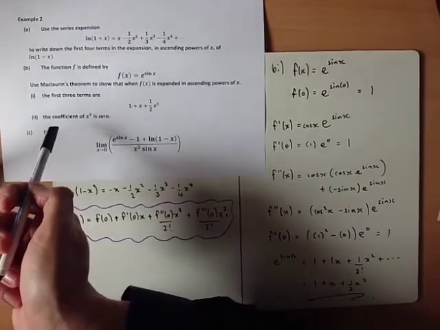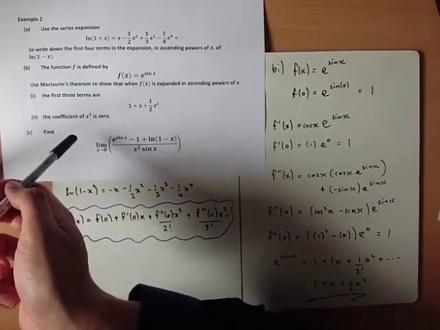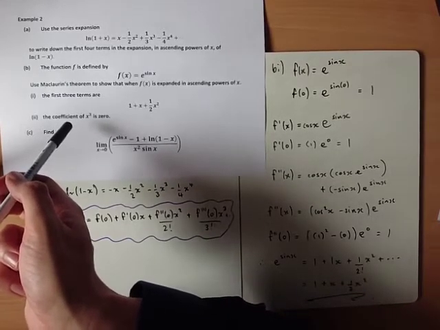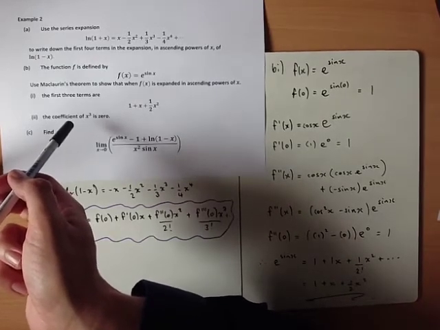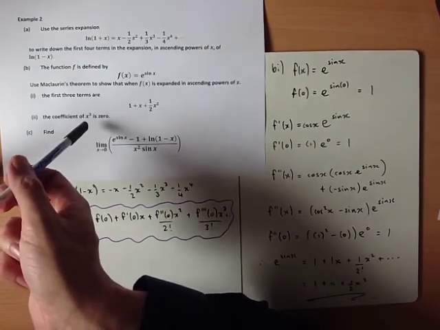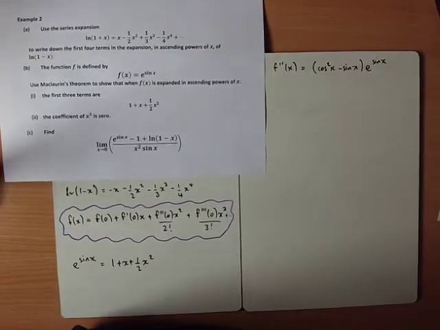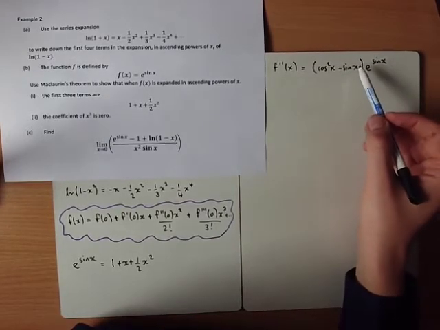It also wants us to show that the x cubed coefficient is 0, which is particularly mean because now we're going to have to get the third derivative if we want to get the x cubed coefficient. Okay, so let me clear a bit of space and we'll think about how to get our third derivative. We know our second derivative is this, and we're going to have to do the product rule.